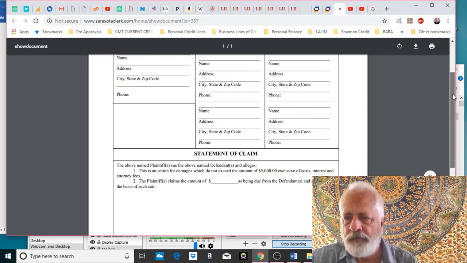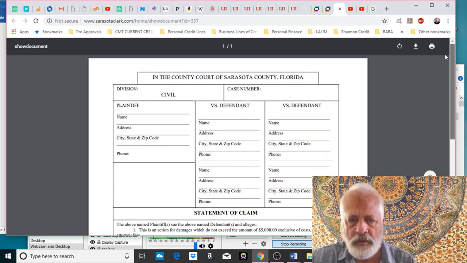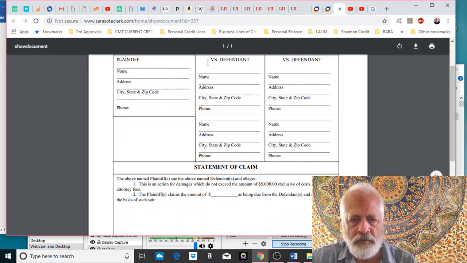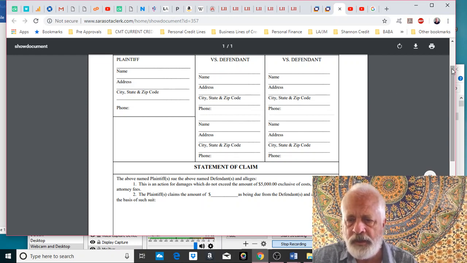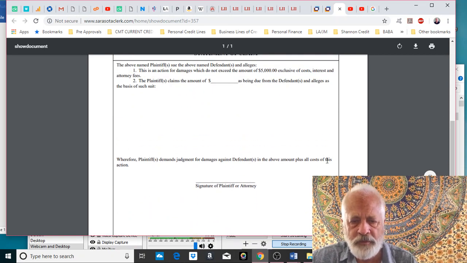Okay, so what's going on here? Here's where you write in the plaintiff. That's your person's name and all that. Versus the defendant. This is whoever says they're owed money. They go in there. Statement of claim. It's very simple. You're going to sign this, BY colon, and then sign.